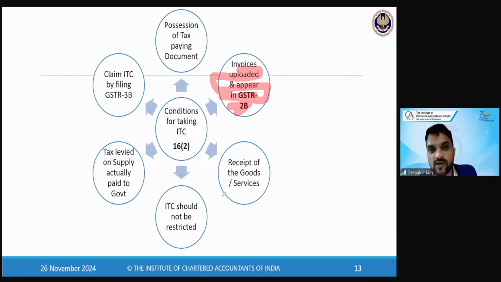Now, who will pay this tax to the government? When they say this condition, who has to pay this tax to the government? It says that the tax levied on supply is actually paid to the government. Will you pay? You're a customer. Will you pay to the government? Supplier. Anirudh is saying, yes, we will pay.